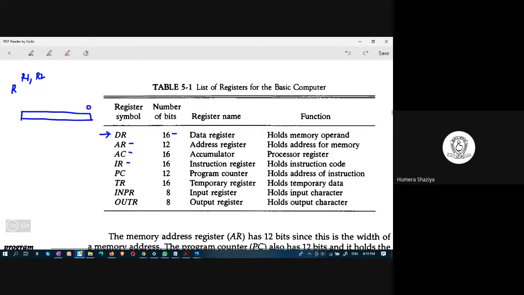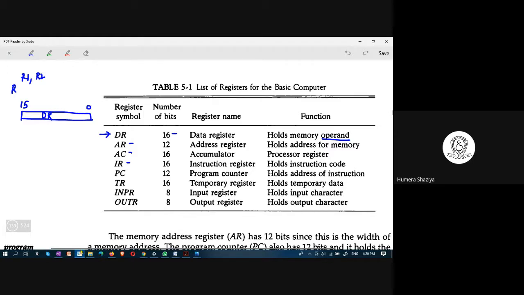Very good. 0 to 15. This is DR, data register. Its size is 16, but its bit positions are from 0 to 15. And what does it hold? It holds memory operand. Any data. Operand is nothing but data. So it holds memory operand or any data.